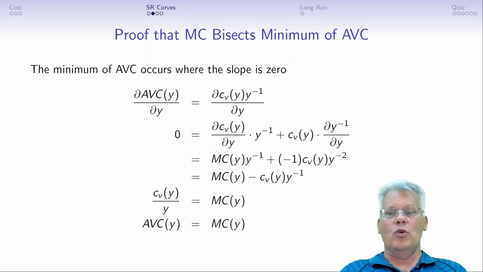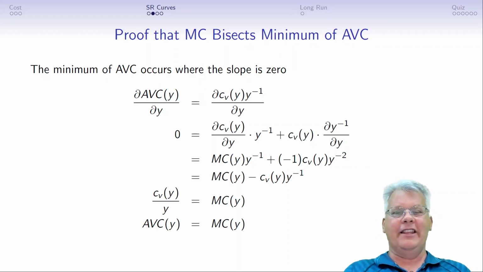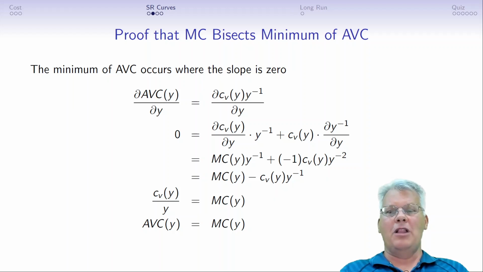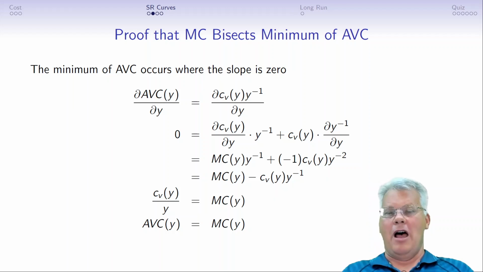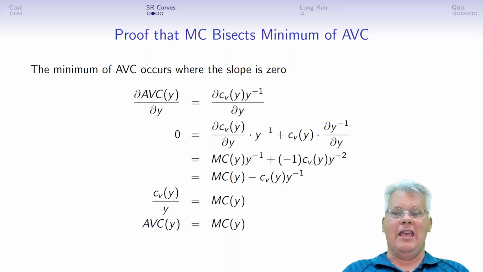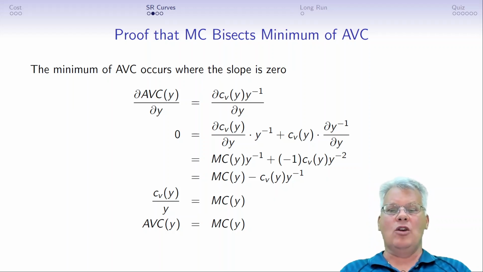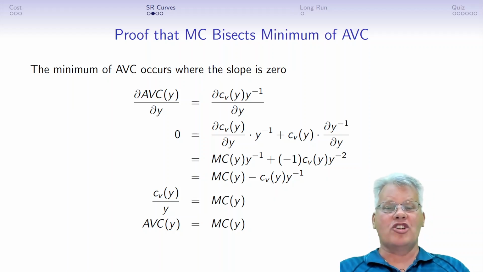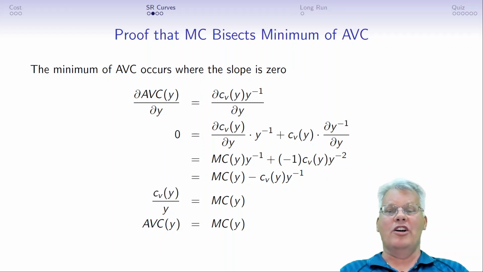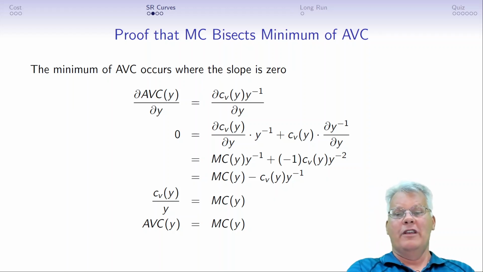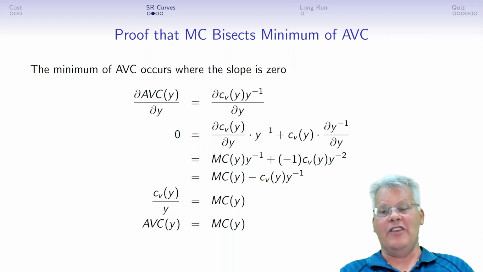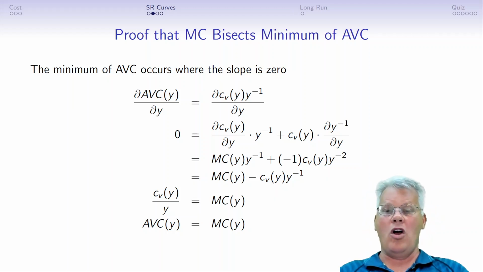What I can do at this point, I can simplify a little bit because I could multiply both the left hand and the right hand of this equality by y, and then I get marginal cost minus variable cost times y to the minus 1 is equal to 0. I move that negative term to the left-hand side of the equality, and I realize that that term is actually average variable cost.